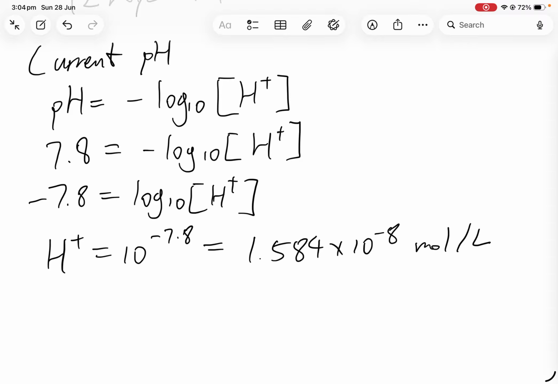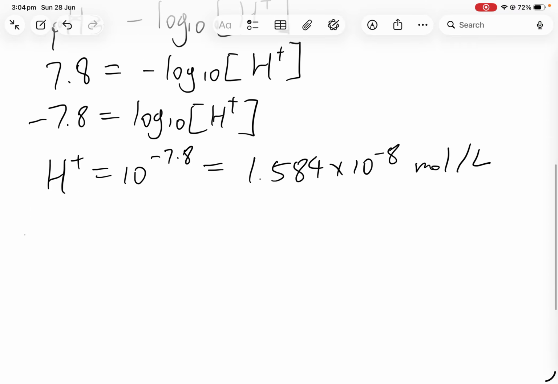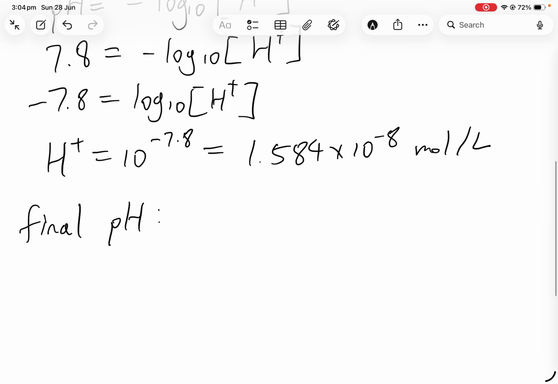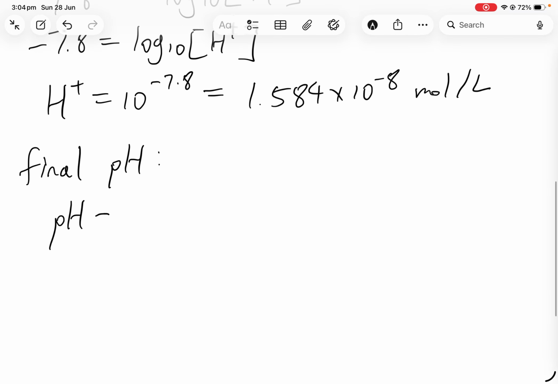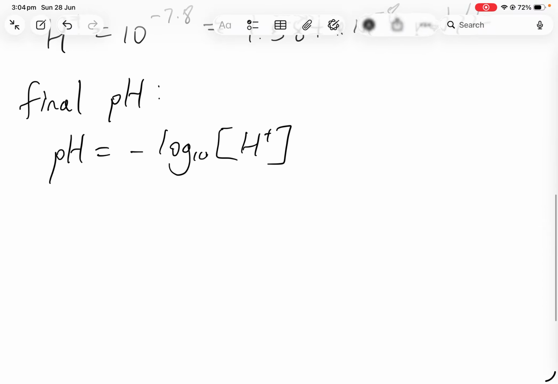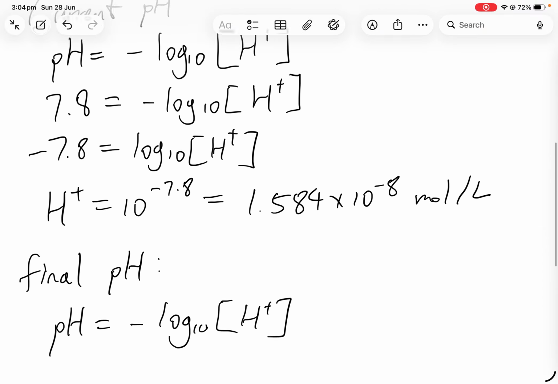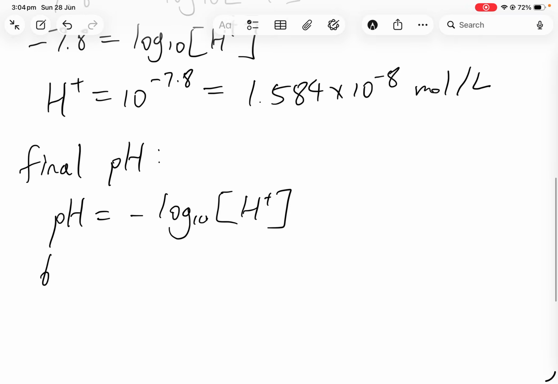Okay, so now we want to find the pH that we wanted. The final pH is given by the same formula. Okay, now we can solve it. It will say 6.8 equals negative log 10, just put a negative on this side.